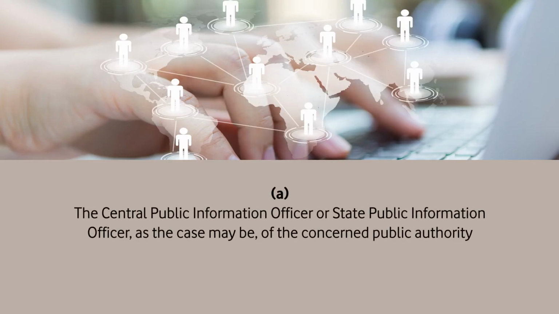You have to accompany your application with such fee as may be prescribed to the Central Public Information Officer or the State Public Information Officer, as the case may be, of the concerned public authority. A very important point. Many a times, we do not understand where we should send this application for that information.